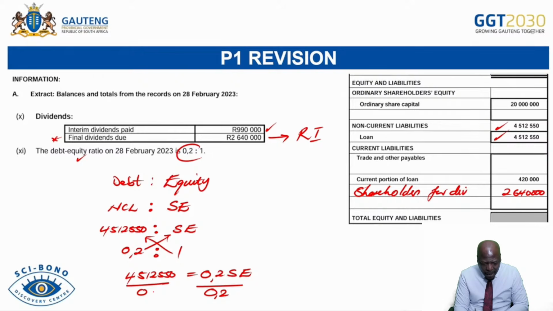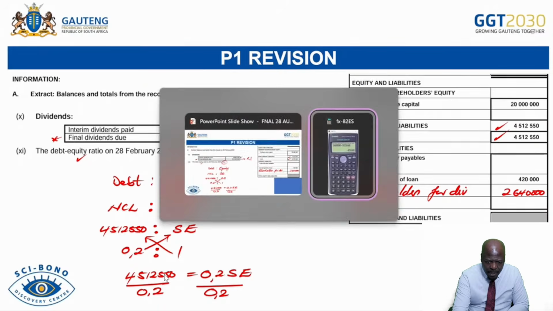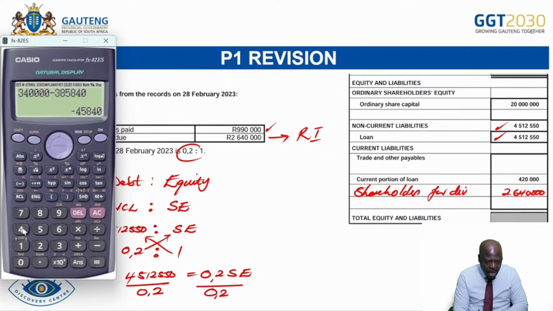Okay, let's see, Mr. Adding Machine, there you are, my good friend. 4,512,550, I divide you by 0.2. I'll get 22,562,750. Okay, that's my shareholders' equity.